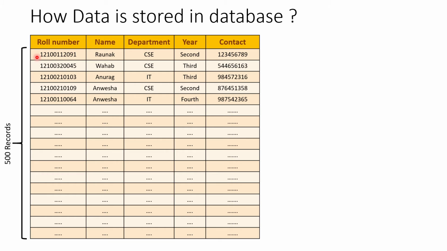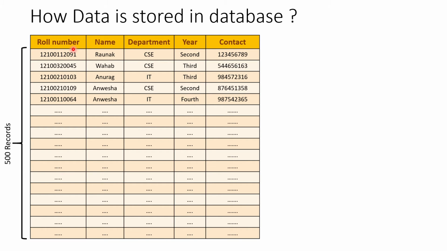So this attribute roll number is one of the attributes which can uniquely identify each and every row or record in this table, and that is why roll number is called the primary key.